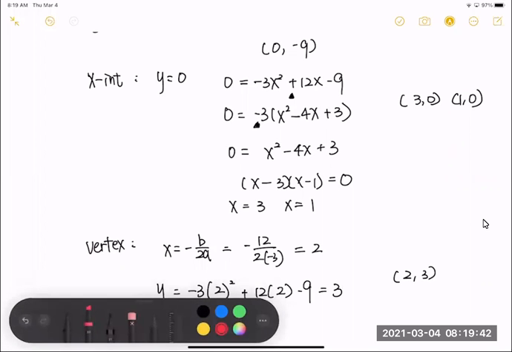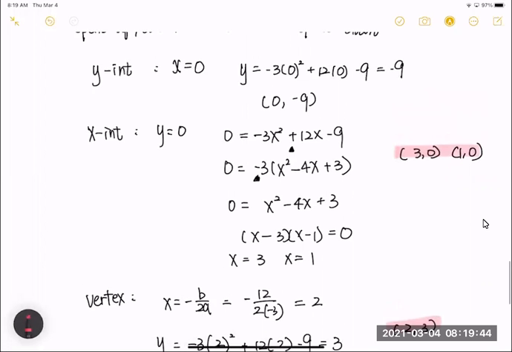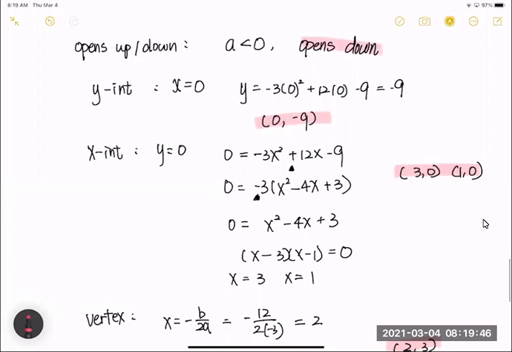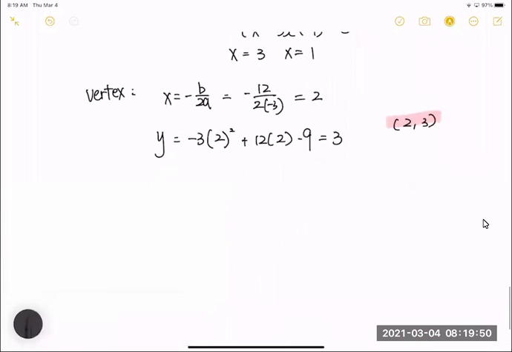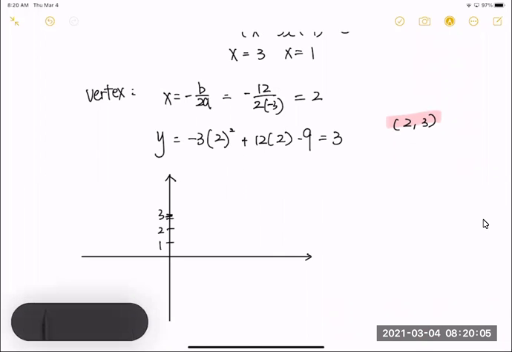Now we mark all the points. And this opens down on a graph. So I have the vertex, yes, here.